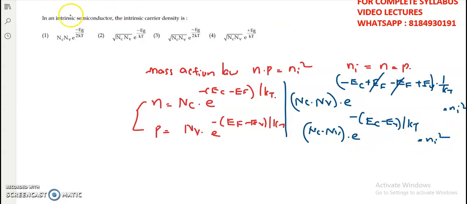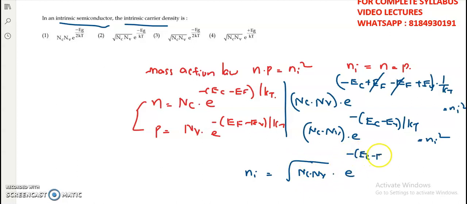He is asking for the intrinsic carrier density, so first we see the intrinsic carrier concentration. From this, Ni is equal to the square root of Nc into Nv, and similarly e power minus (Ec minus Ev) divided by 2 Kt, because we take the square root, that means the whole power 1 by 2.